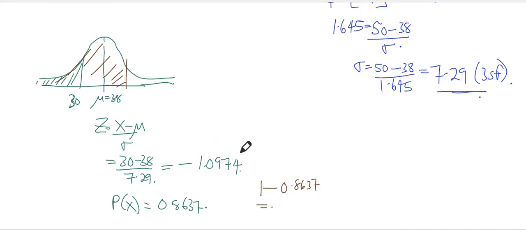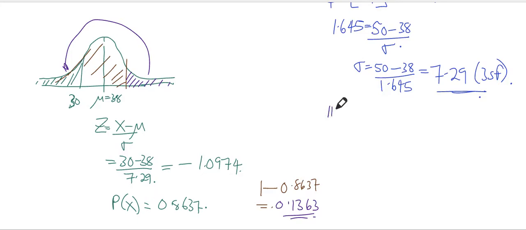If I do 1 minus 0.8637, it will give me the area to the right over here, which is exactly the same as this because it is symmetrical. So 1 minus 0.8637, and the answer that I have here is 0.1363. And that's the answer that we are looking at.